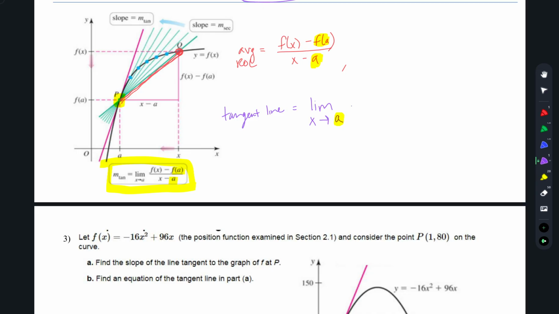And the formula is the same old: f of x minus f of a all over x minus a. Okay, but this is where you want your tangent line. So that's your first definition.